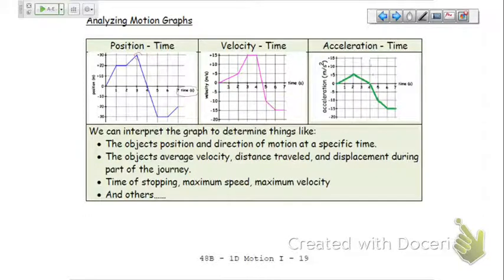And what we do is we try to interpret these graphs. And the way we do that is we ask ourselves questions about it. The problem is the same problem we have with all graphs, which is we tend to look at the shape of the graph and not the axes. So if I have it in my mind that I'm dealing with velocities and times, I will tend to look at whatever graph I see next as a velocity time graph.